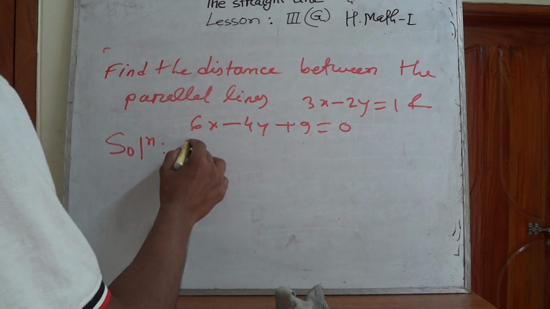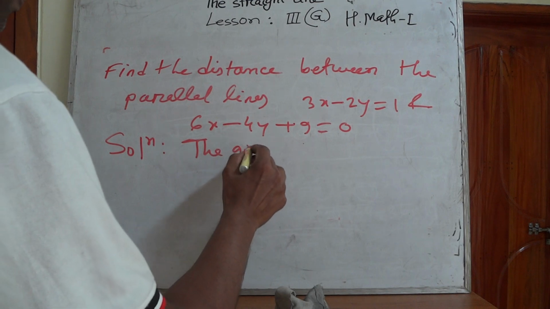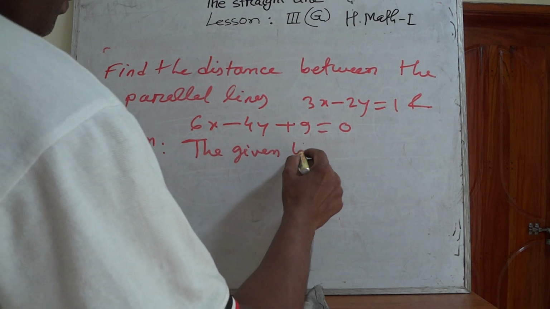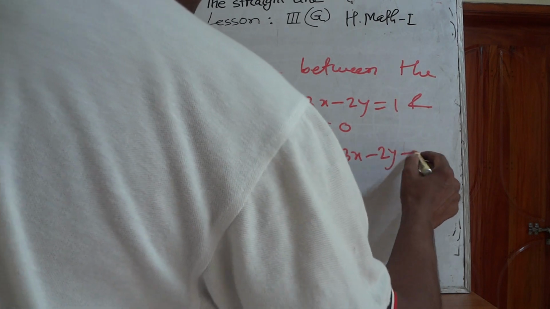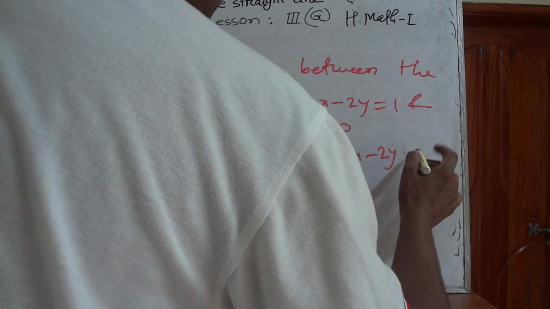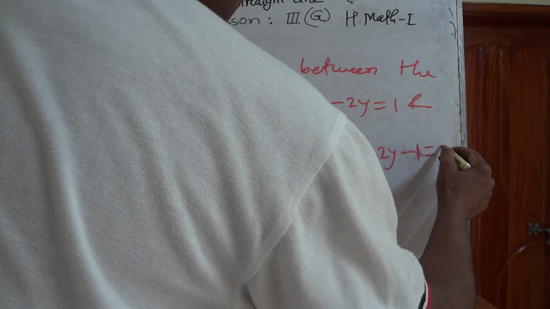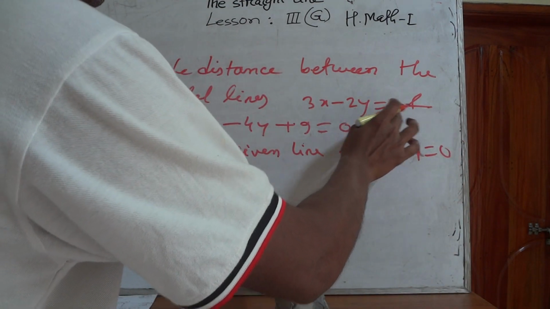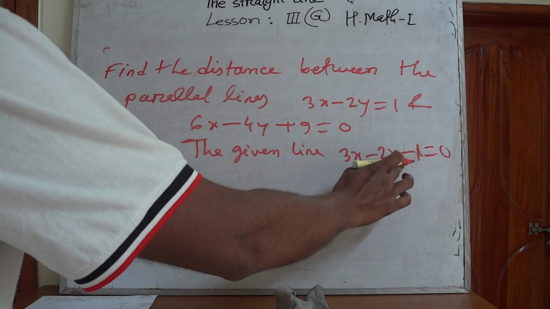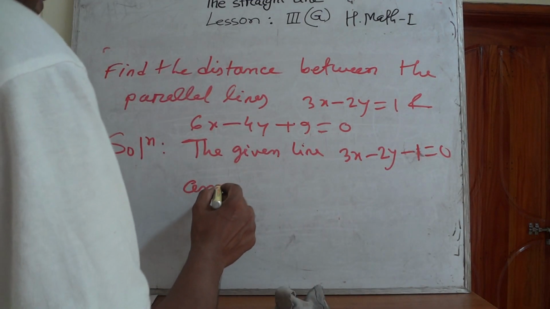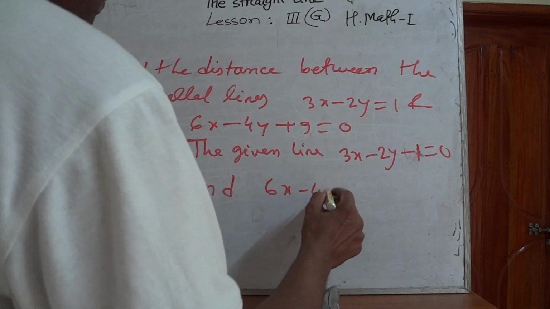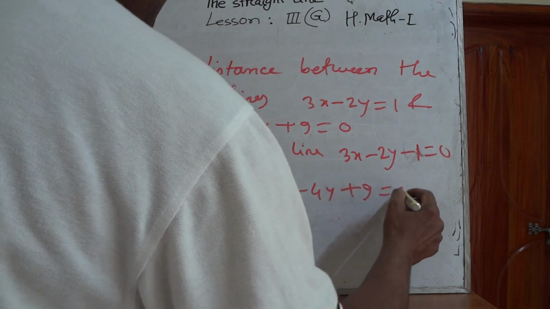The solution: the given line 3x minus 2y equal to 1 becomes 3x minus 2y plus, as here is given equal to 1, that will be minus 1, equal to 0, and 6x minus 4y plus 9 is equal to 0.